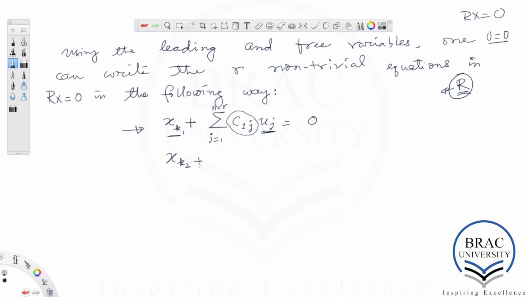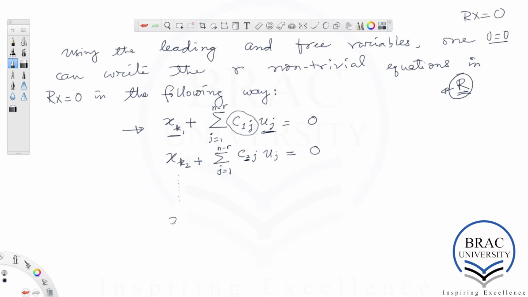This linear equation: x sub k2 plus the sum from j equal to 1 to n minus r of C2j uj, this 2 stands for the fact that we are considering the second row of R, is equal to 0.